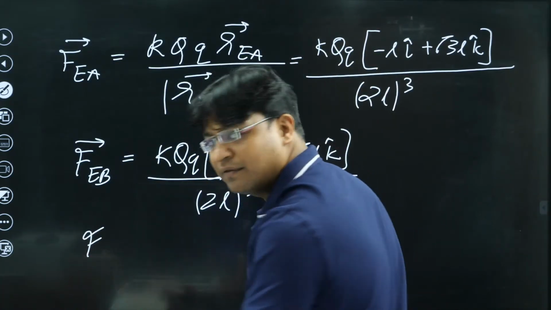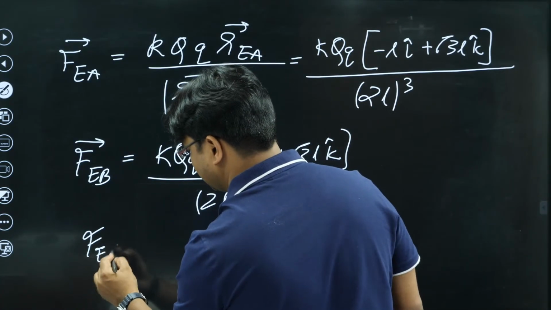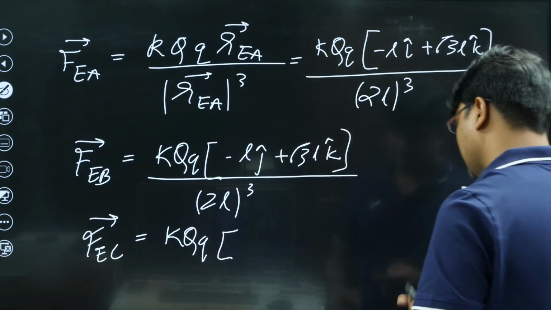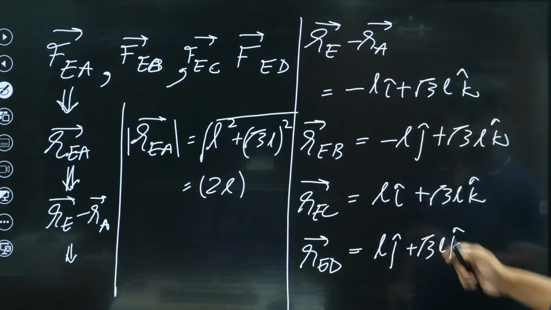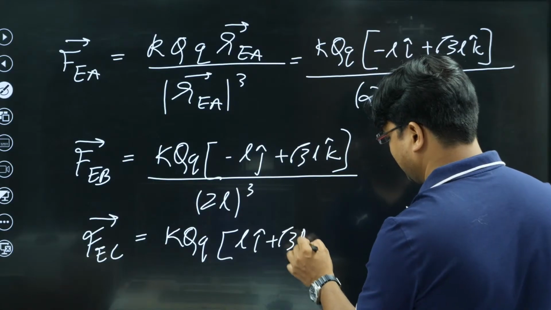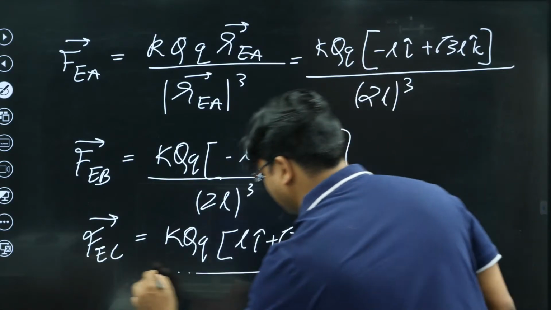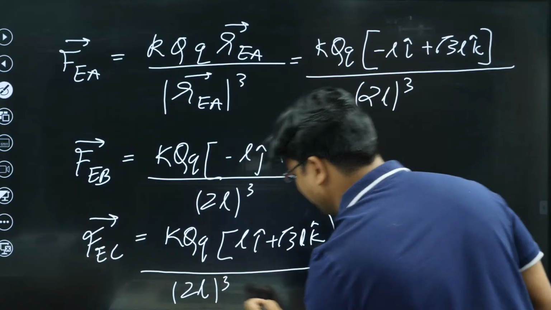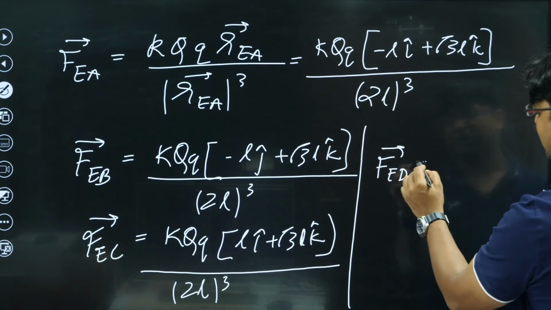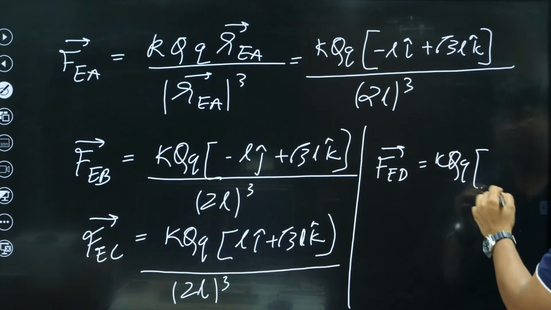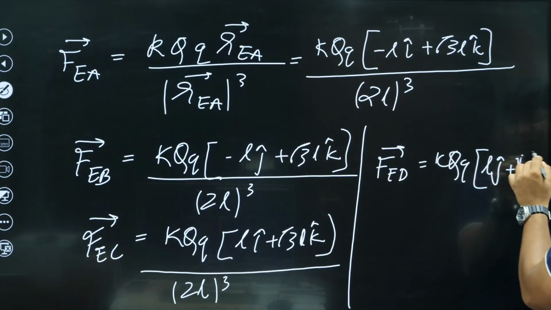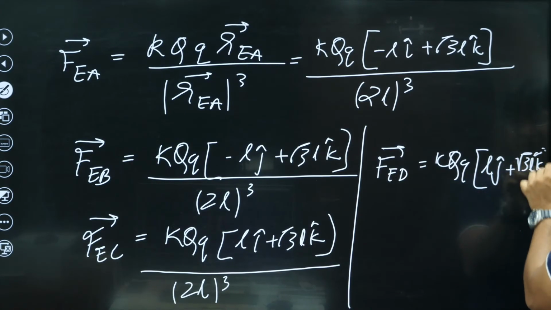The FEC vector will become KQq and then L i cap plus root 3L k cap divided by 2L cube. I think you are getting the point. If you are doing this question yourself, you must have got what is happening by now. And this will become L j cap plus root 3L k cap by 2L cube.